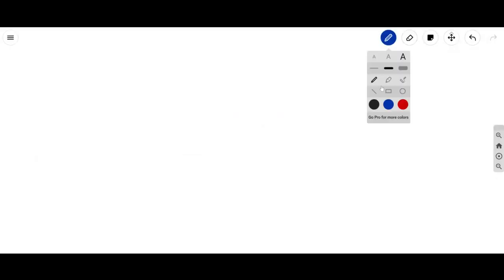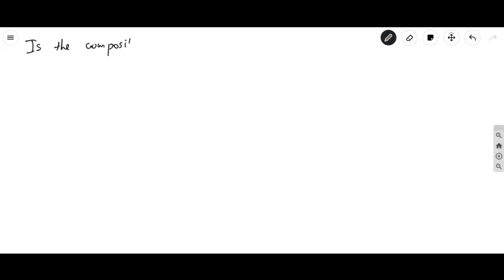Now, let's remove this and let's talk about this. So this is a question: is the composition of covering maps another covering map? So the question is basically this.